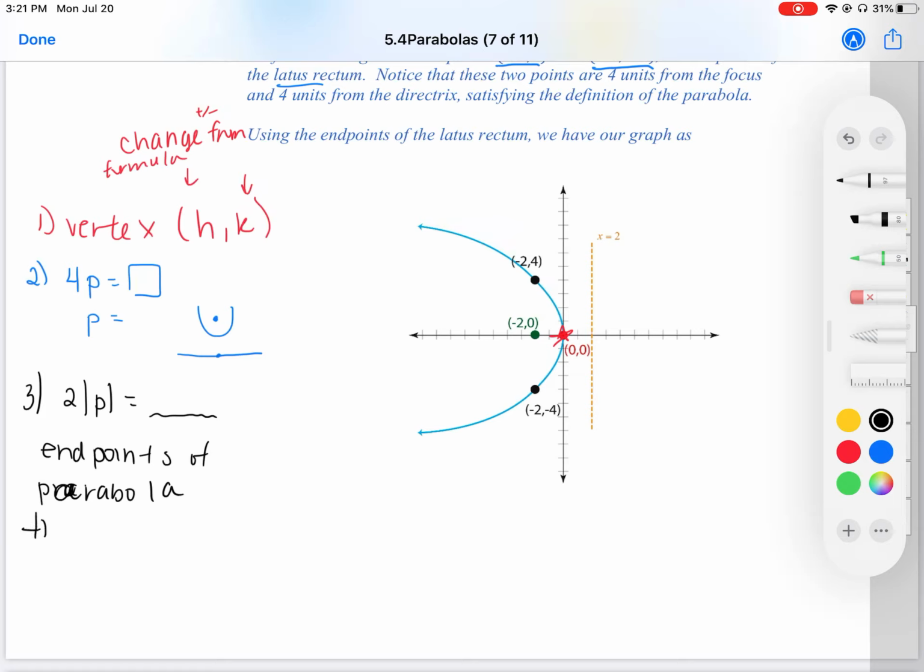And they line up with your focus point. So from your focus point, whatever that p was, that's going to help you finish drawing your parabola along your vertex and those endpoints.